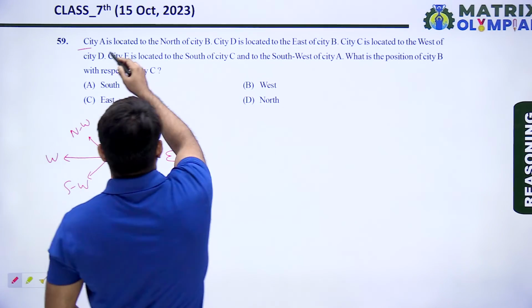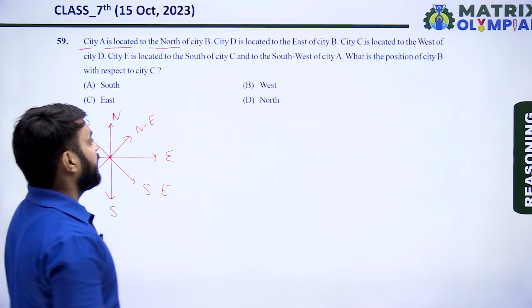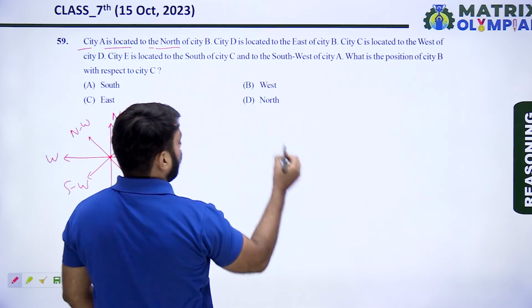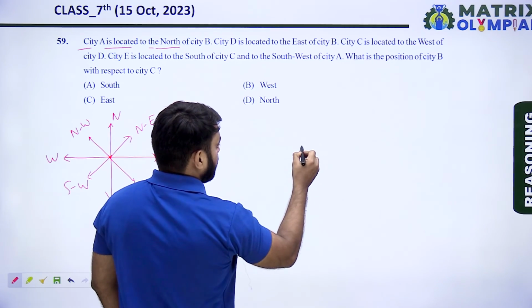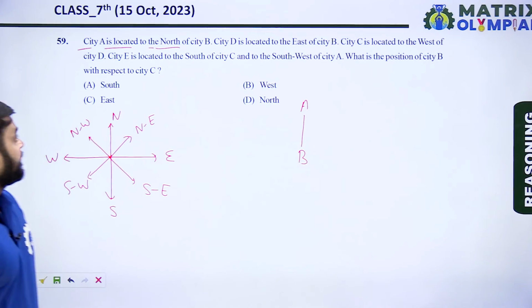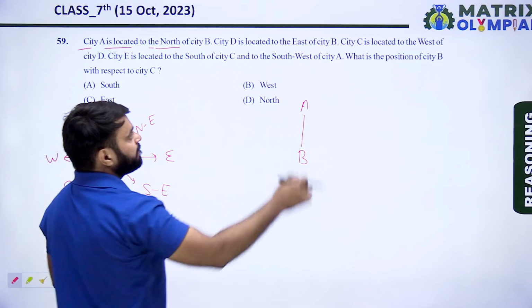So according to the question, city A is located to the north of city B. So city A is located north of B.